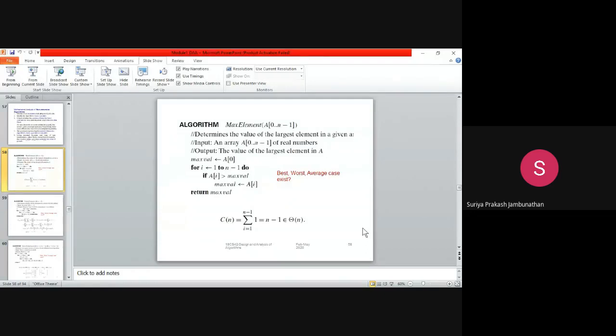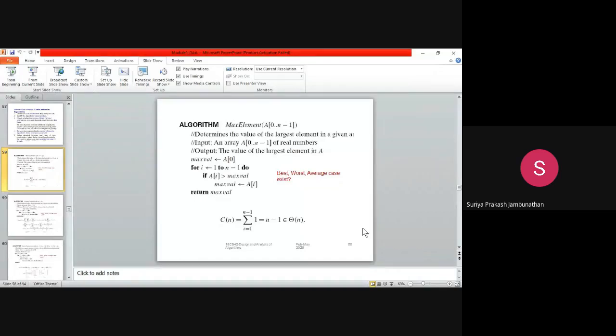For that, we declare MaxElement and pass the array. The array name is A, which starts from 0 until n minus 1. So MaxElement is the method name, A of 0 until n minus 1, and this is the array declaration.